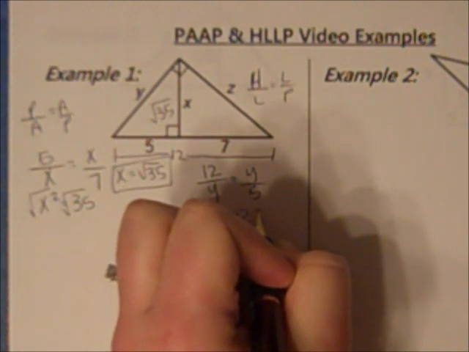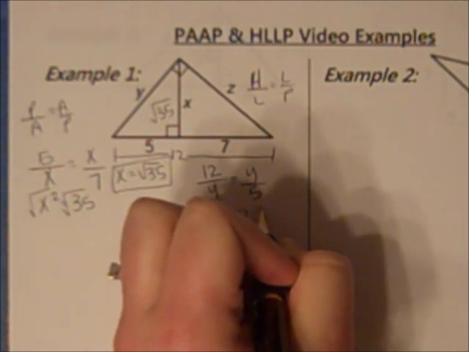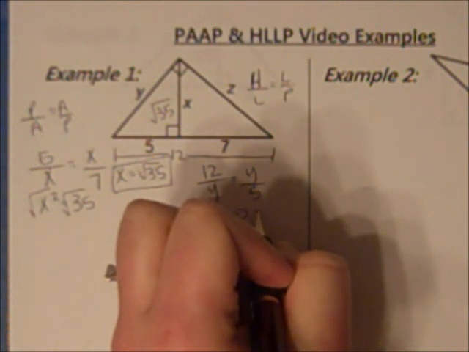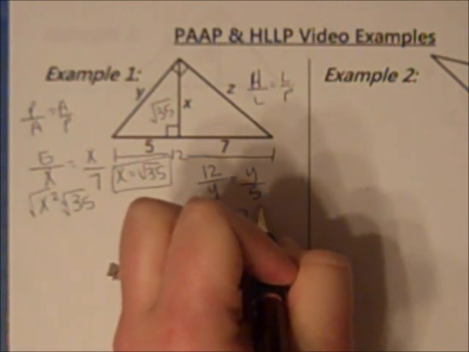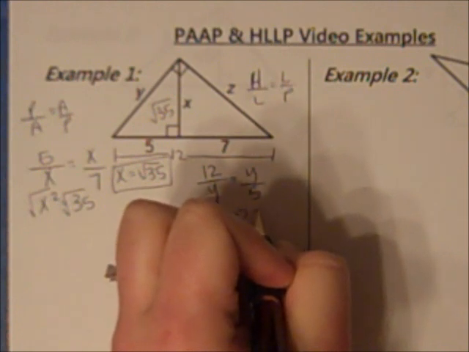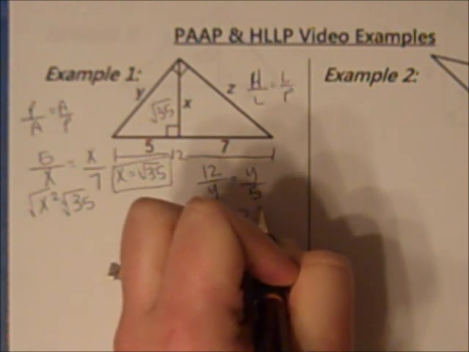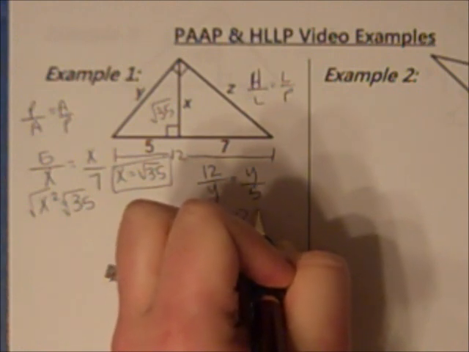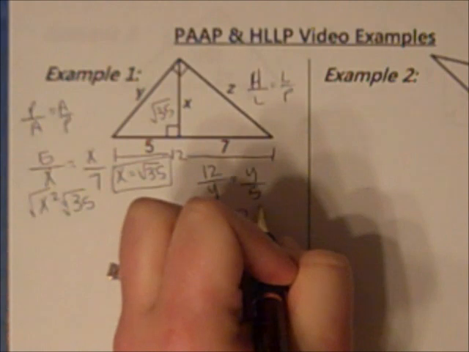Okay, example 4 here, this kind, when we see x and x plus 10, you know you're itching for a quadratic. So this is where the PAAP HLLP is exactly the same, but the algebra is going to get a little more difficult. So since they gave us the altitude, I'm going to start with PAAP. So part would be x plus 10 over the altitude is 12.